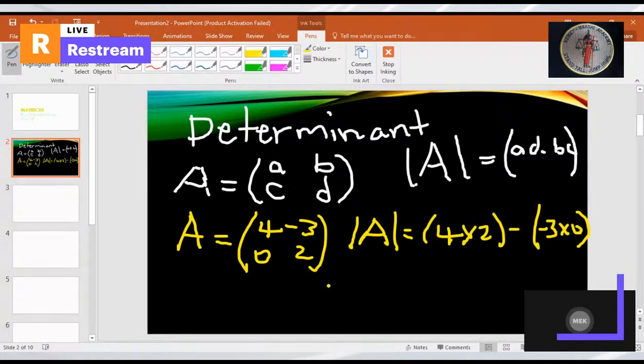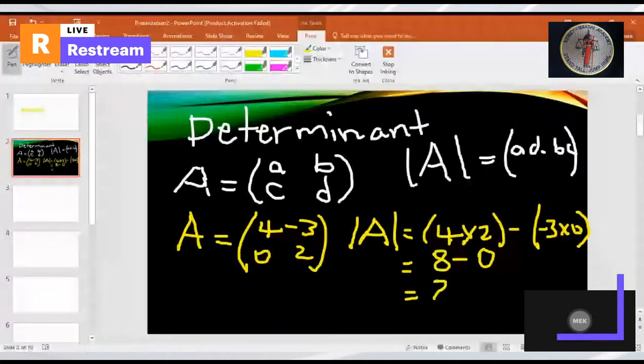So it's almost like we're cross multiplying. That times that minus that times that. So that would be 4 2s are 8. Negative 3 times 0 is 0. 8 minus 0 is 8. So the determinant of matrix A is 8.